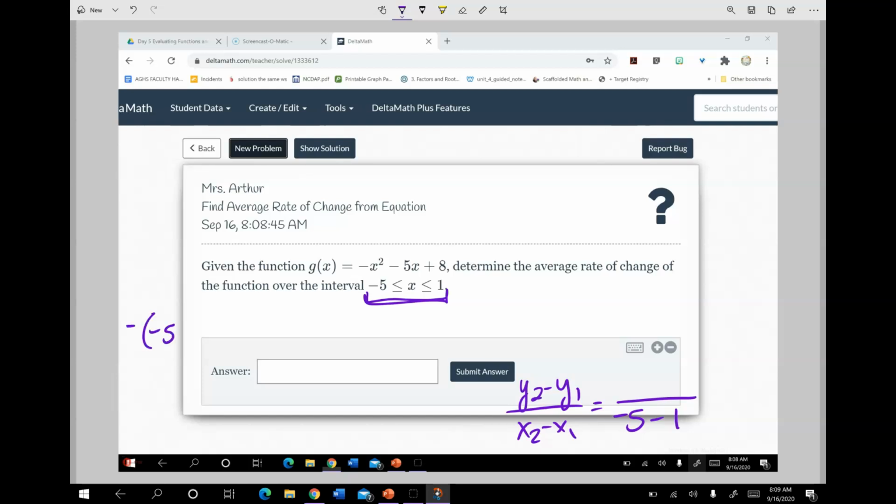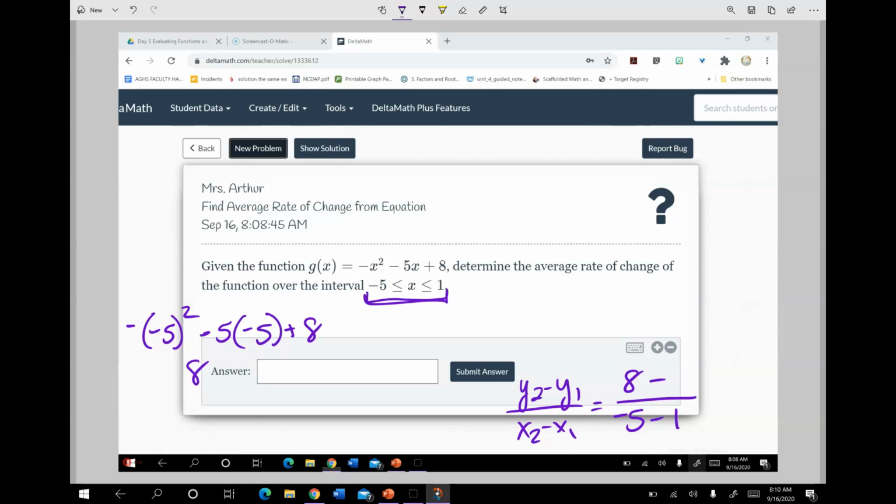It has another negative on the outside, so don't combine them together. Okay, you can't do that. All right, so I'm going to type this into my calculator. All right, and I get 8. So 8 is the first answer.